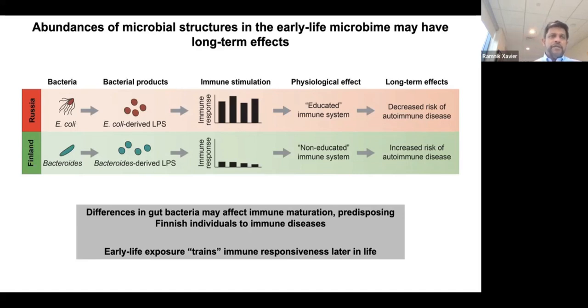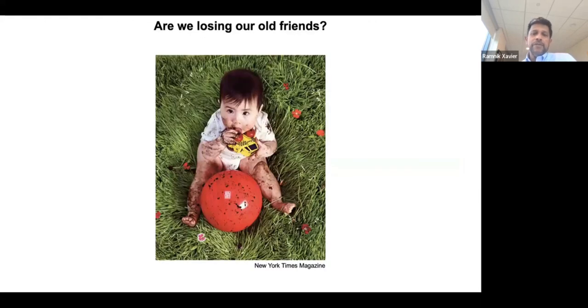I've told you about centenarians being protected from inflammatory disease and various infections because bacteria within them modified bile acids, and these bile acids had protective effects on the centenarian population. And in this second vignette, I've told you about the risk of type 1 diabetes. So the question that one could ask is, are we losing our friends as we westernize our diet and our environment?